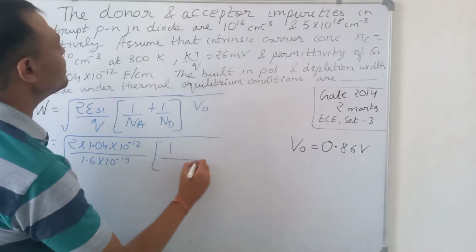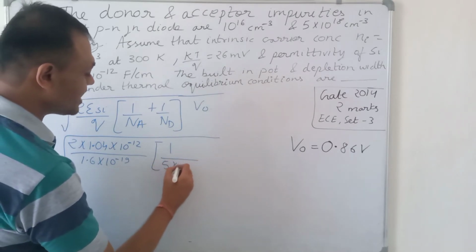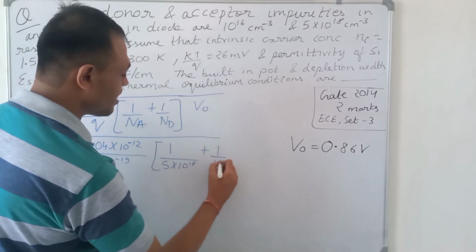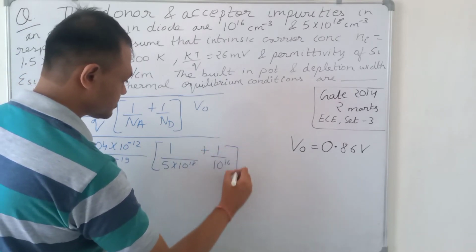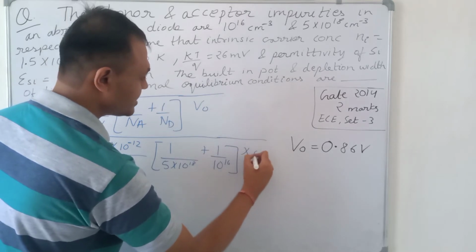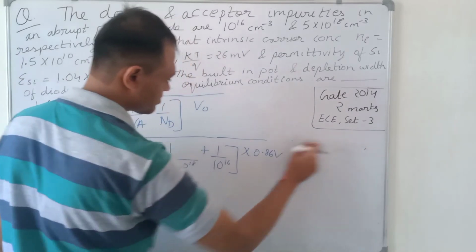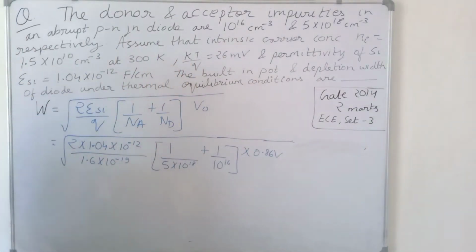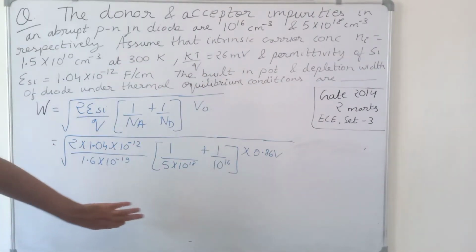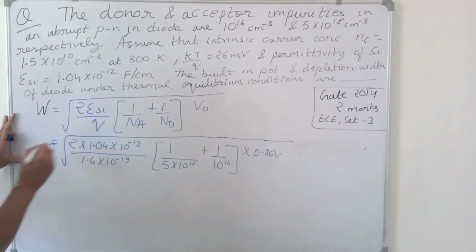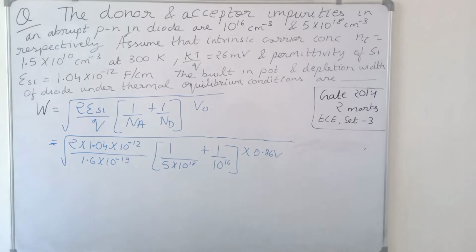So 1 upon Na will be 1 upon 5 into 10 to power 18, plus 1 upon Nd, so 1 upon 10 to power 16, into 0.86 volt, which we calculated earlier. Now if you try to solve all of this using a virtual calculator, it will consume a lot of time. So I will try to simplify. We should try to simplify this equation so that less time is consumed.